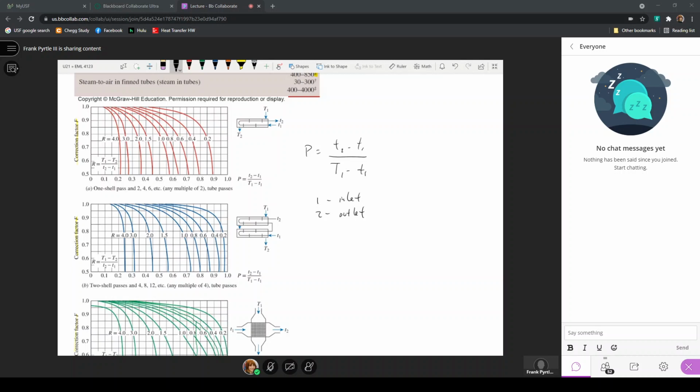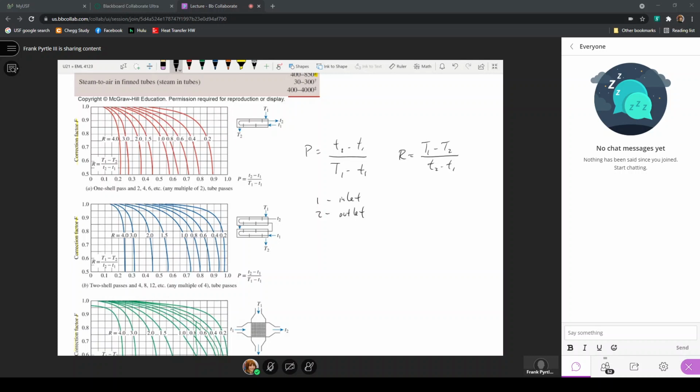So this ratio that is P is on the x-axis. The ratio that is R is capital T1 minus capital T2 over lowercase t2 minus lowercase t1. So here, this is the temperature difference between the inlet and the outlet of the shell side, or the fluid moving through the shell, and t2 minus t1 is the temperature difference for the fluid that is passing through the tube.